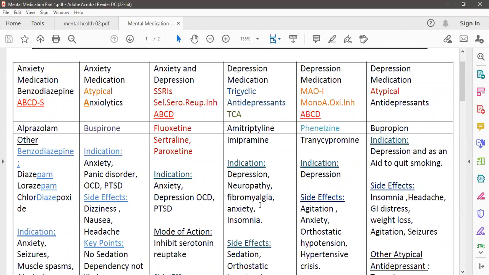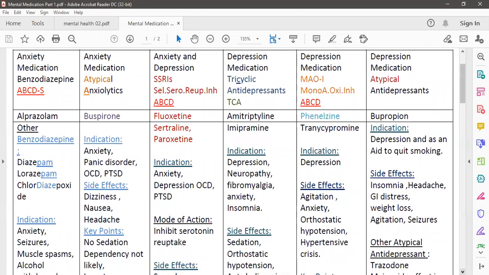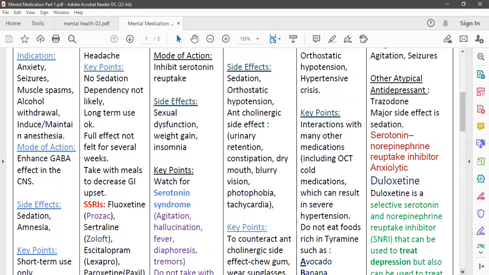So the TCA or tricyclic antidepressant has common side effects. They can cause sedation or orthostatic hypotension. So educate your patient, if they take this medication, to change posture slowly. Also, anticholinergic side effects.